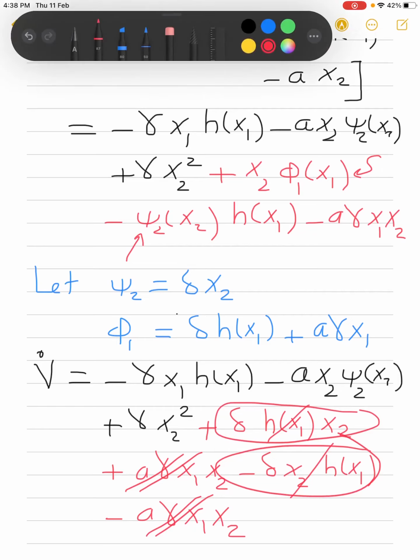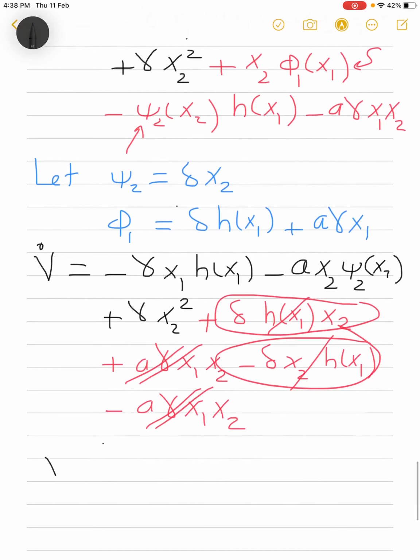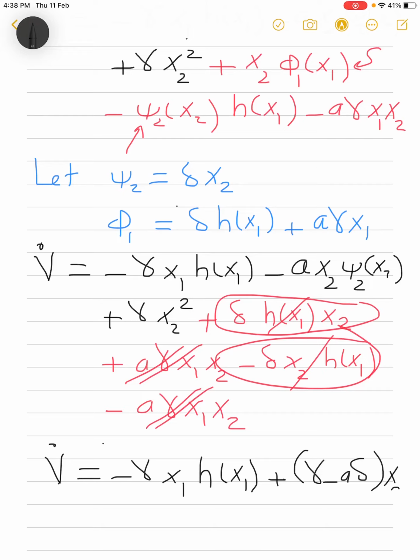So we will be left with an expression for v dot as minus gamma x1 h of x1 plus gamma minus a delta x2 squared.